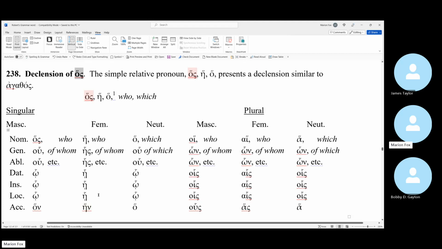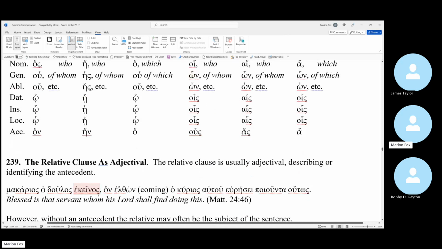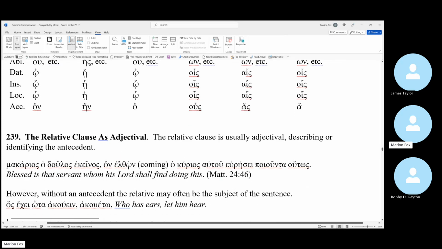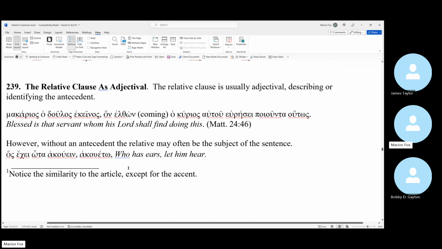A relative clause is usually adjectival, describing or identifying the antecedent, giving more information about it. However, without an antecedent, it may often be the subject of the sentence. In this case, it's nominative case.